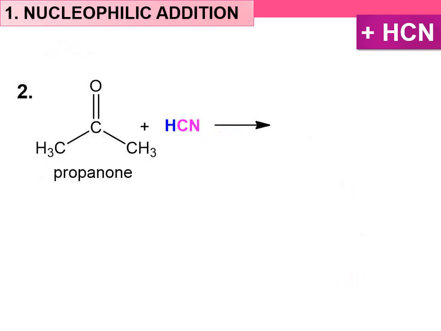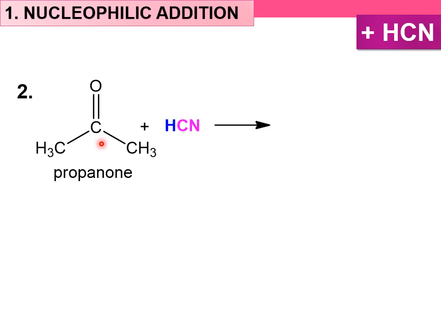Now, let's do the second example of 9.4 by using the reactant propanone, which is a ketone, together with the reagent HCN, hydrogen cyanide. And here, CN minus is again the nucleophile that will attack the carbonyl group from below.